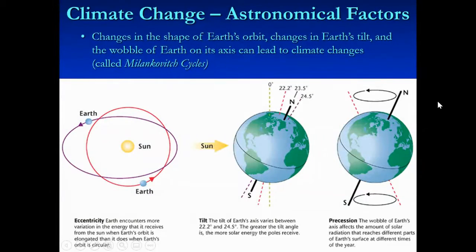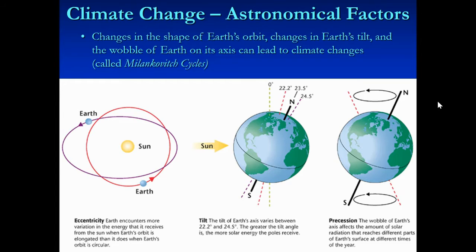Back in the 1970s and 80s, studies were done to discover that the Earth actually goes through orbital cycles. These are called Milankovitch cycles after a meteorologist who studied this. And, sorry, he's actually a mathematician, Milutin Milankovitch. But at any rate, he noted that the Earth goes through cycles where its orbit gets more or less elliptical. That's called eccentricity.